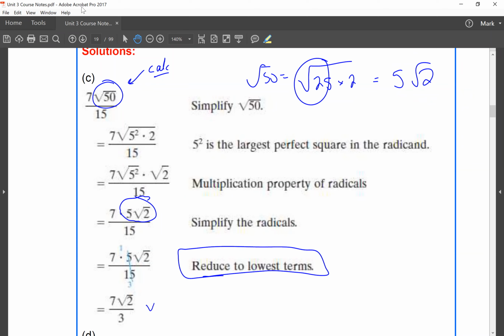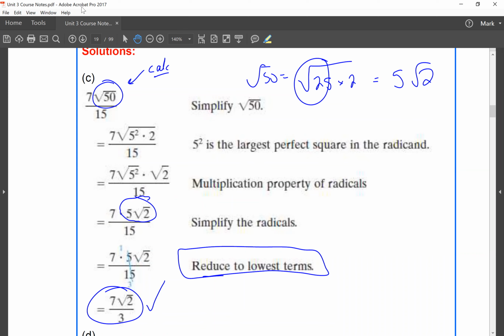Again, your calculator can do this for you, but my final answer is 7 root 2 over 3. If I went 7 times square root of 50, and divided it by 15, making sure I'm careful with my brackets, my calculator would say 7 root 2 over 3.